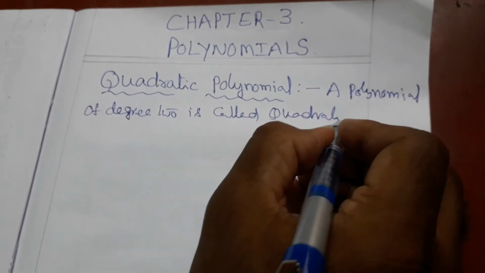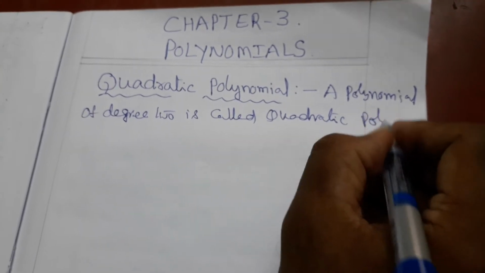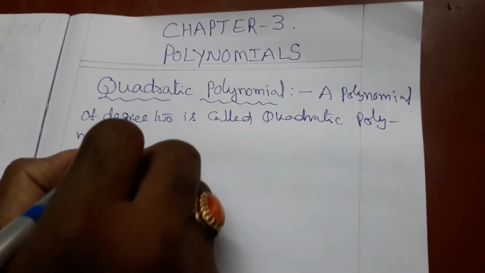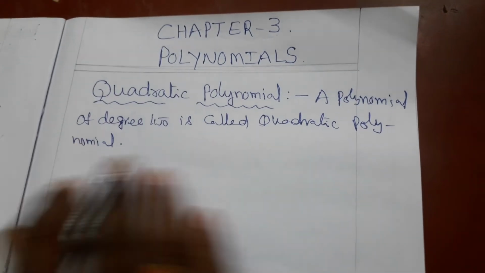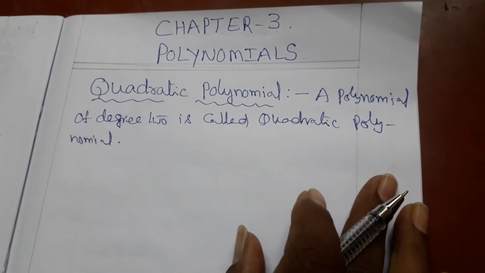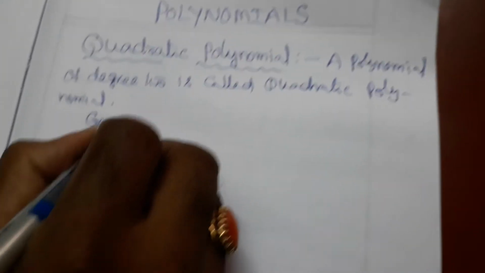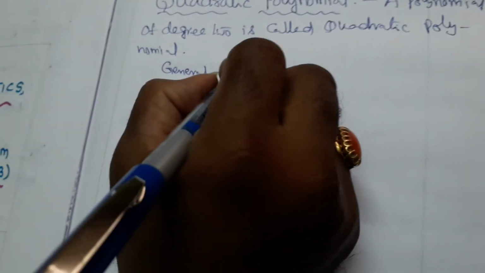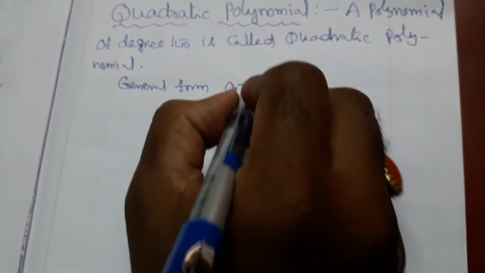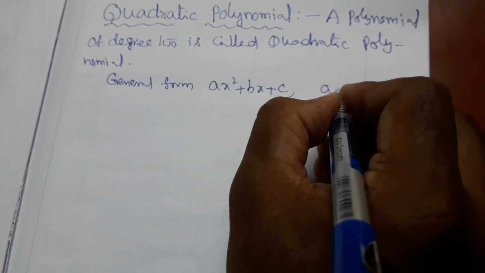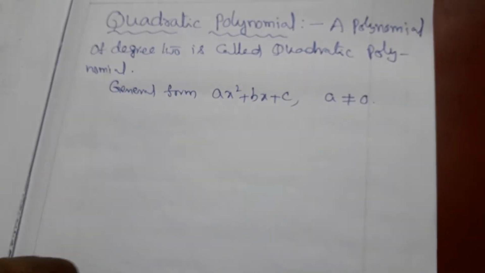The general form of a quadratic polynomial is ax square plus bx plus c, where a is not equal to 0.